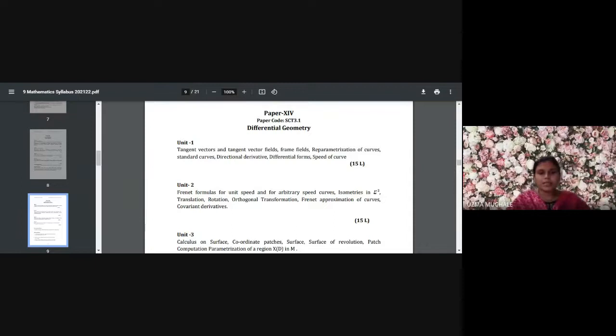Suppose the bus is at 10 a.m. You plan it, and you leave home at 9:30 or 9, whichever is convenient, to reach the stand, then sit in the bus and come to the university. You calculate that this much time is needed from home to the university for submission of the exam form or anything else.